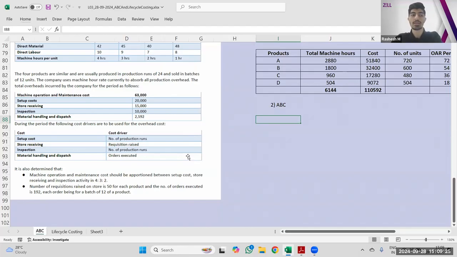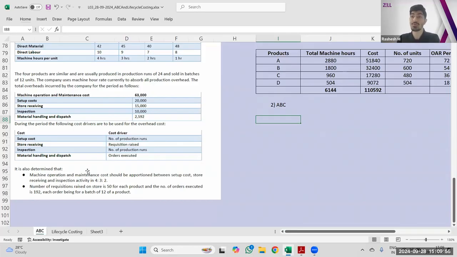They've also said machine operation and maintenance should be apportioned between setup cost, store receiving and inspection in the ratio of 4:3:2. And they've given us details about number of requisitions raised is 50 for each product. Number of orders executed is 192. So a lot of details, I agree. Let's go at it one by one.